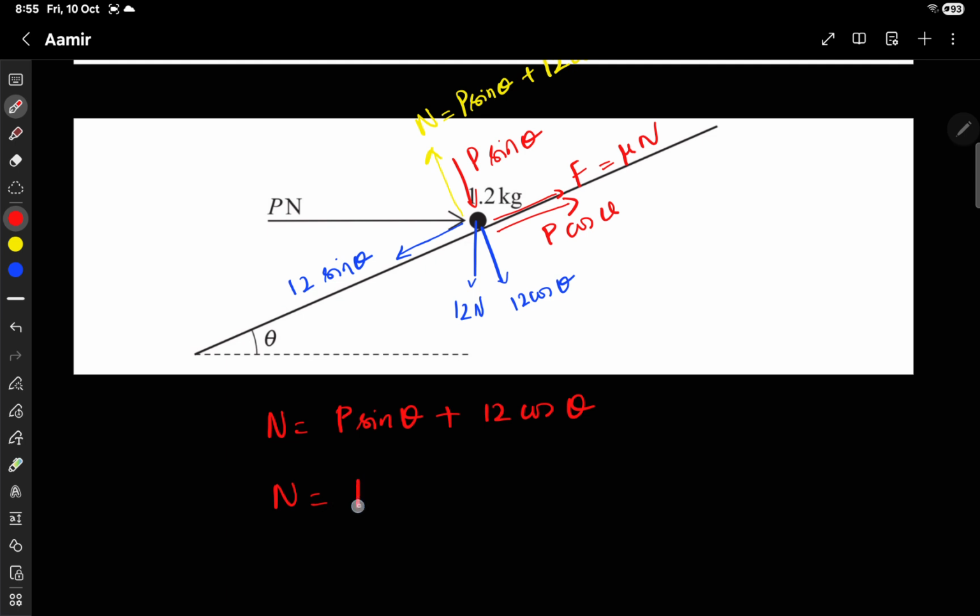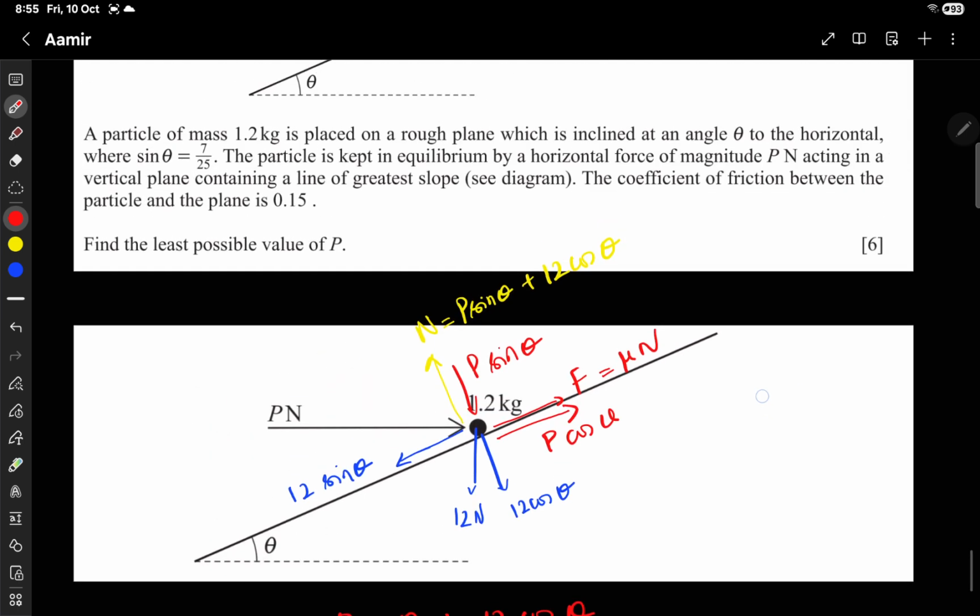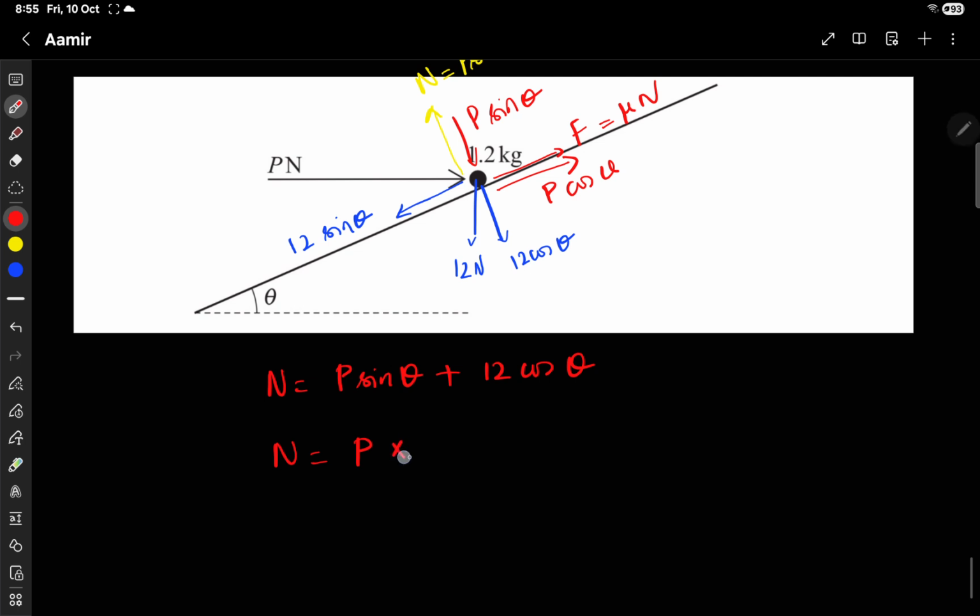Sine theta is given in the question itself, that is 7/25, plus 12 cos theta, where theta is 16.26 degrees. 12 cos of 16.26 is coming as 11.52, and 7/25 times P is 0.28P.